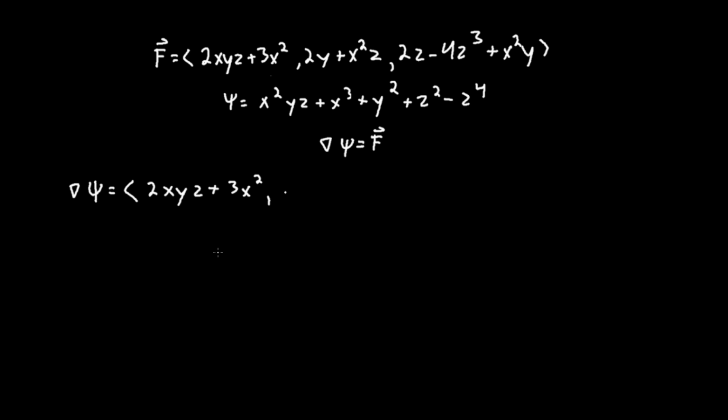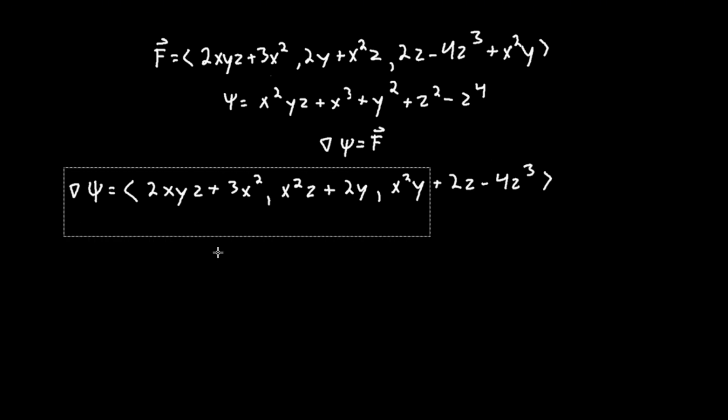Now let's find the y partial. Well, the y partial is x squared z plus 2y. And the z partial of our psi function is just x squared y plus 2z minus 4z cubed.